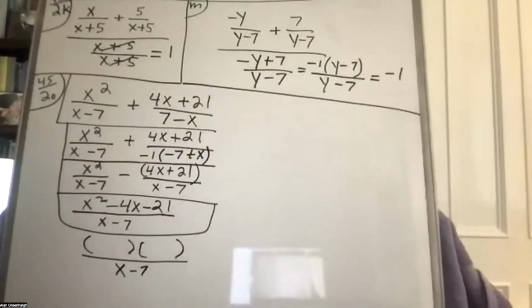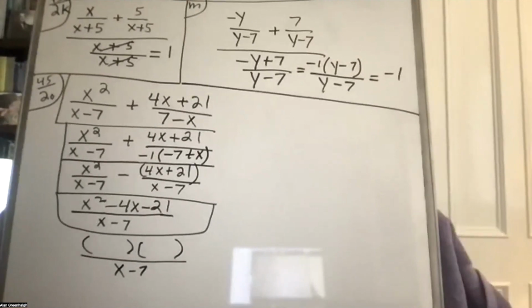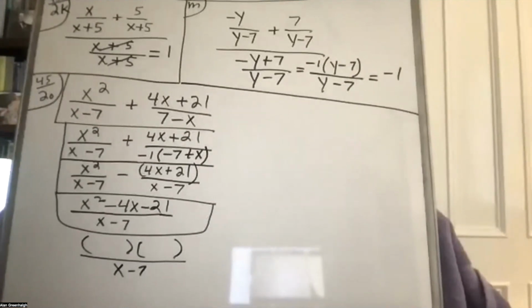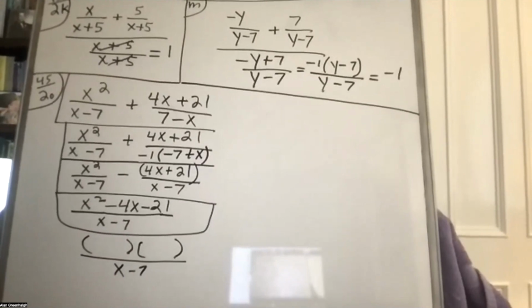Would I have to factor out a -1 from the x squared as well? No, what would happen is you'd be very, very messed up. Could you do it that way? Absolutely. Do you want to do it that way? No, you don't. That's my opinion.